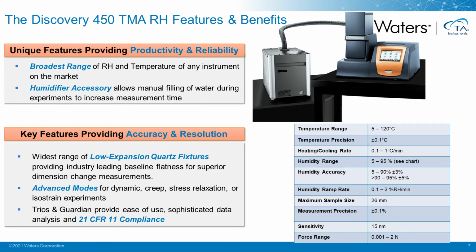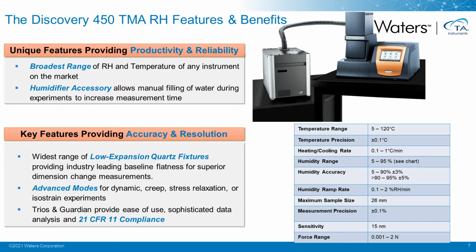Some of the unique features for this particular instrument, and an image of it again is shown in the upper right corner there with the humidifier accessory attached to it. We have the broadest range. This instrument has the broadest range of relative humidity and temperature of any other instrument on the market that does similar types of measurements.